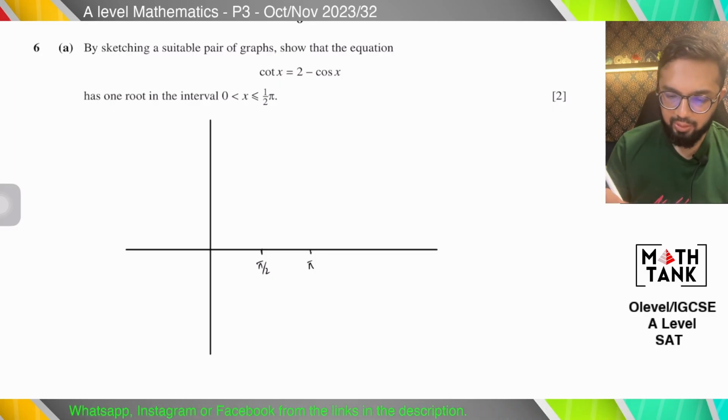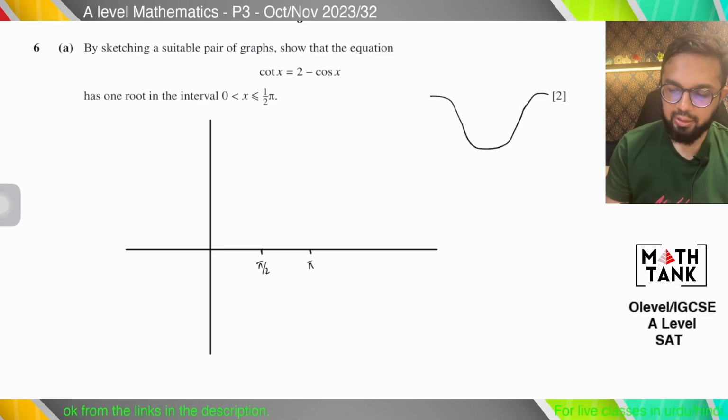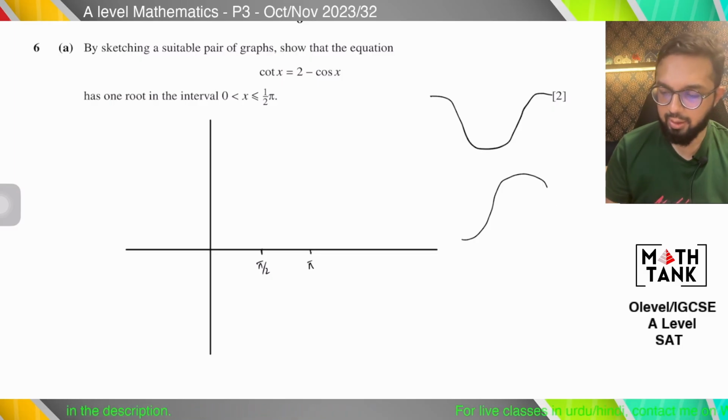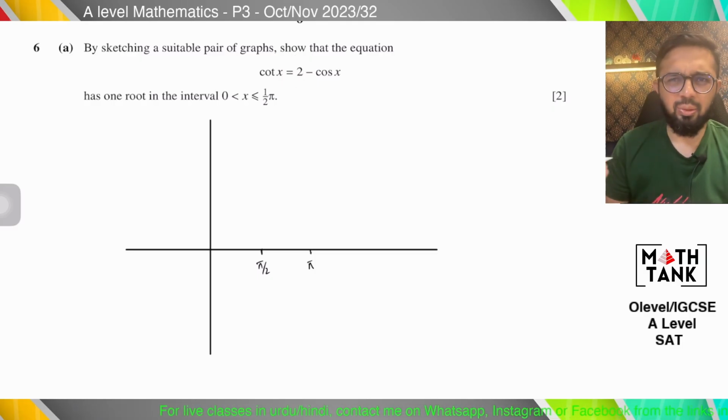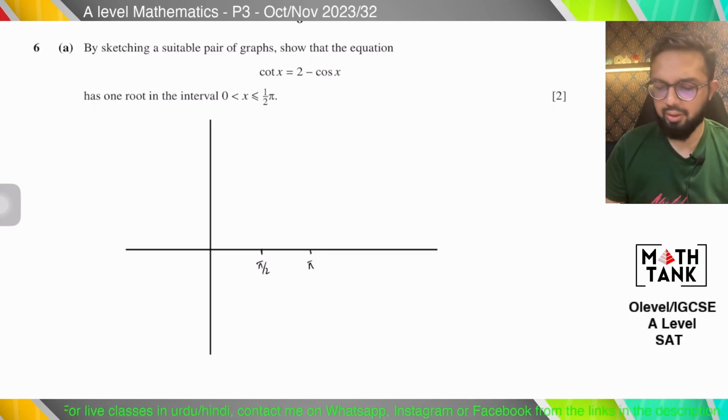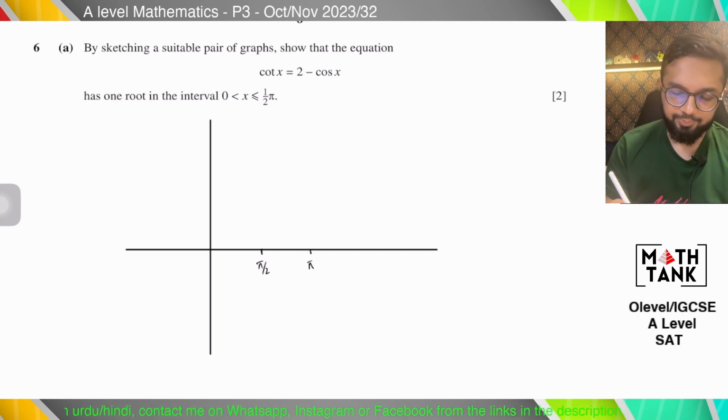I know that cos x typically looks like this, so minus cos x will look like that, and it has a plus 2 as well. It's best to use your calculator and come up with a table, so that you can sketch it properly. I'm just going to try to do it manually here.